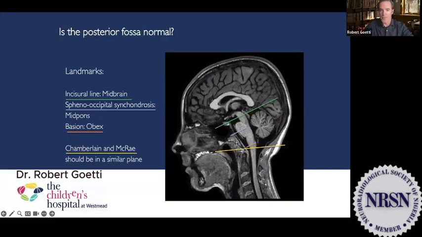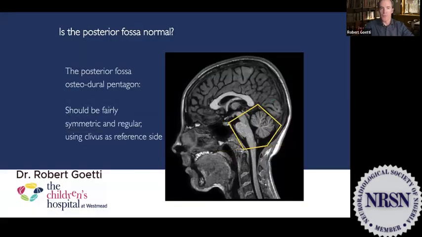So the occipital portion of the clivus and the sphenoid portion of the clivus should have a similar length, and this should go about through the middle of the pons. A line at the basion, also parallel, should go through the obex. So these three lines should basically intersect our midbrain, our pons, and then the medulla. The Chamberlain and McRae's line should be approximately in a similar plane.